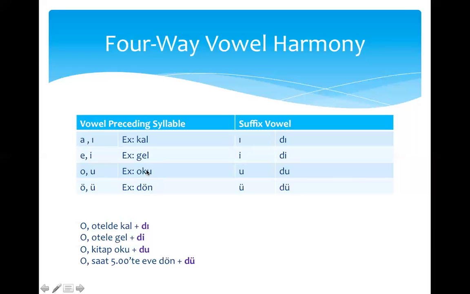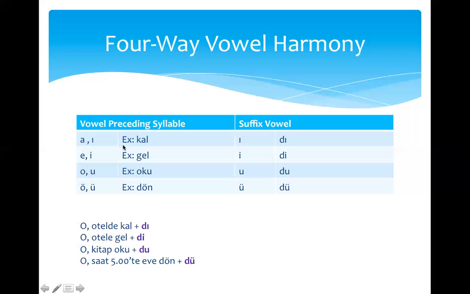So if u or o, the suffix is going to end with a u, so the past tense suffix is going to be du. And lastly, the last example in the 4th row here is the verb dön. The vowel here is an ö, or any verb that has the last vowel as ö or ü, the past tense suffix is going to be dü.